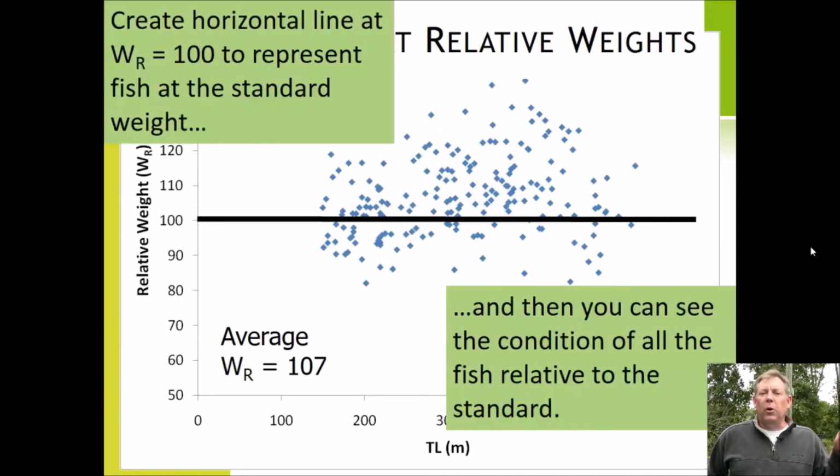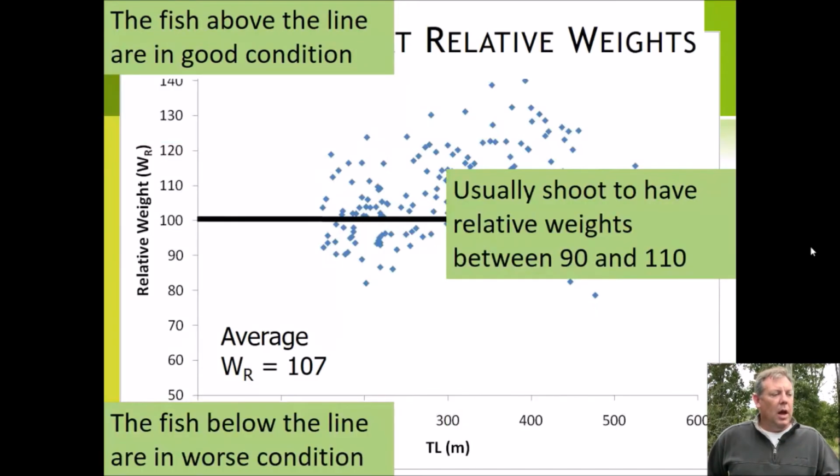Now we have created a horizontal line at relative weight equals 100 because that's our standard we're comparing to. That way you can see the condition of each fish relative to the standard. Fish that are above this line are in good condition, and fish that are below the line are in worse condition.